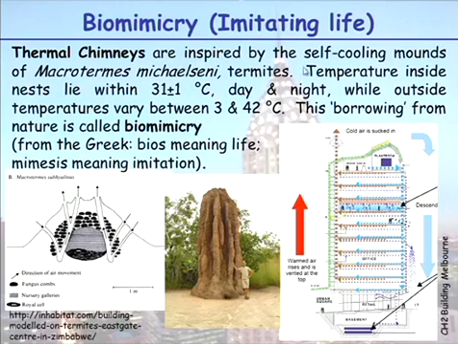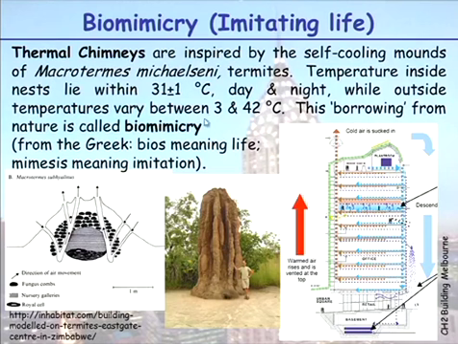Thermal chimneys are inspired by the self-cooling mounds of termites. I won't try to say the species name. Have you all seen these termite mounds? You must have seen them over the years. Temperatures inside these nests lie within 31 plus or minus 1 degree, whether it is winter or summer.